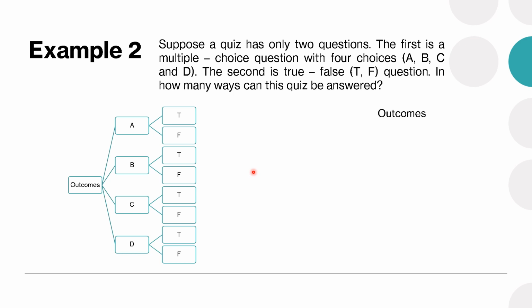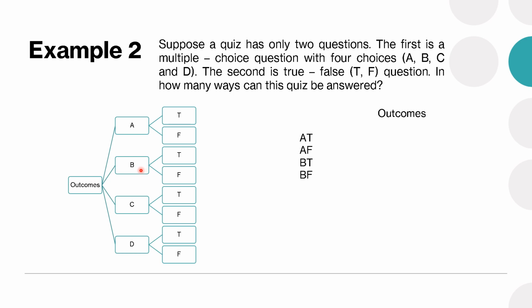So let's start with the first outcome, which is AT. So my answer for the first question is A, and then the second question is true. My second possible answer is that I answer A on the first question and false on the second question. That's why it's AF. The third possible answer is that I answer B on the first question and true on the second question.